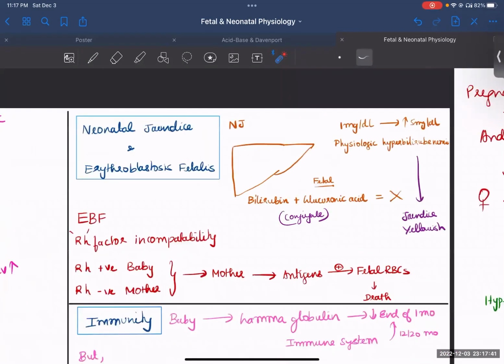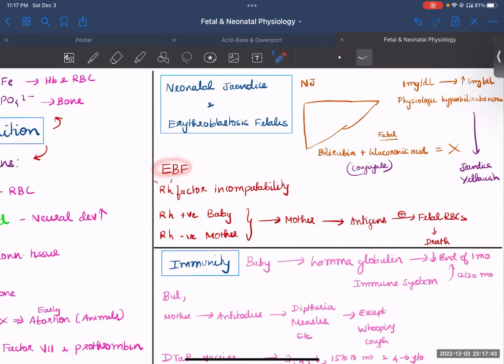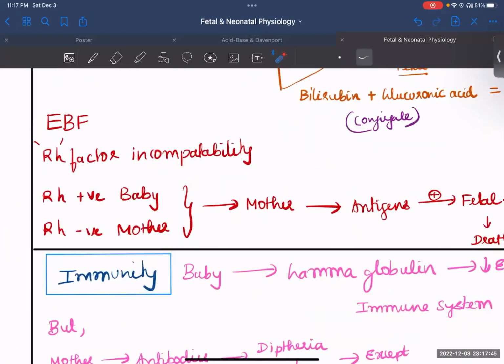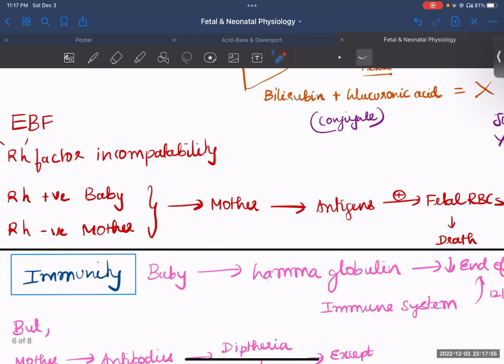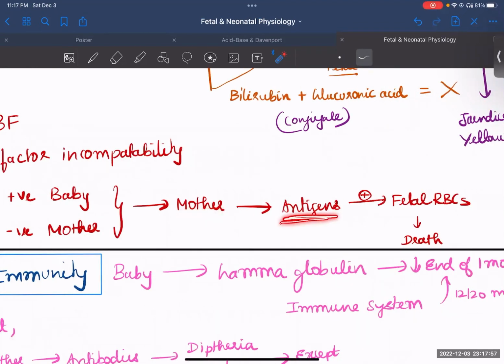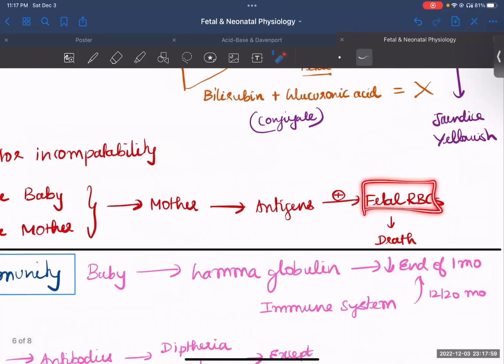Okay, now what about erythroblastosis fetalis? This is due to Rh factor incompatibility. Now, the baby gets its Rh factor from the father as Rh positive and from the mother as Rh negative. When this happens, the mother's body is going to produce antibodies against the fetal RBCs.